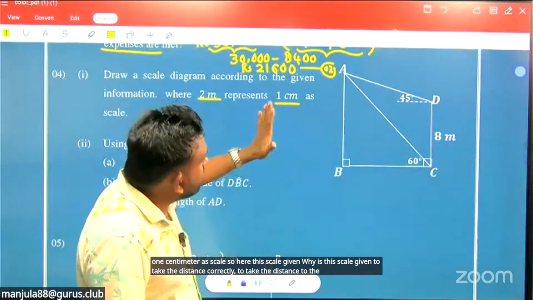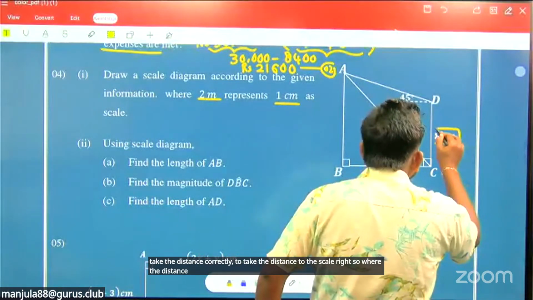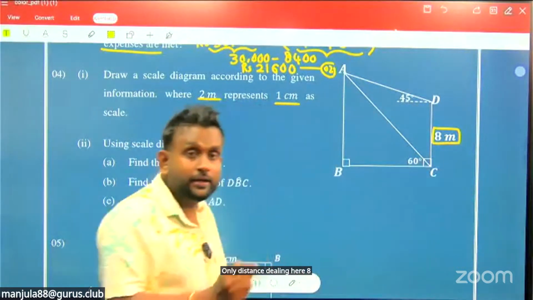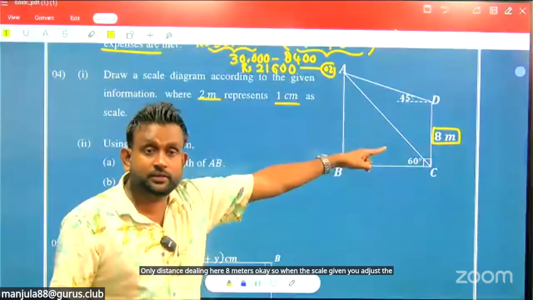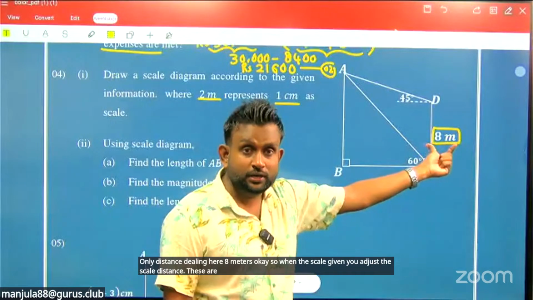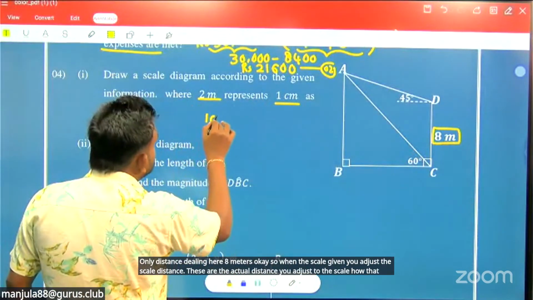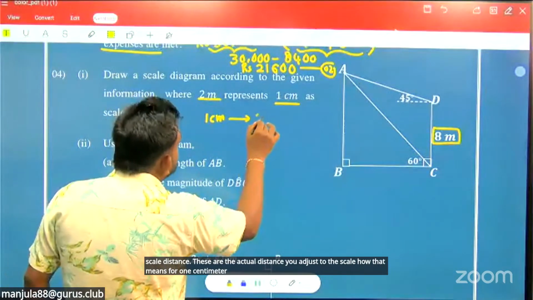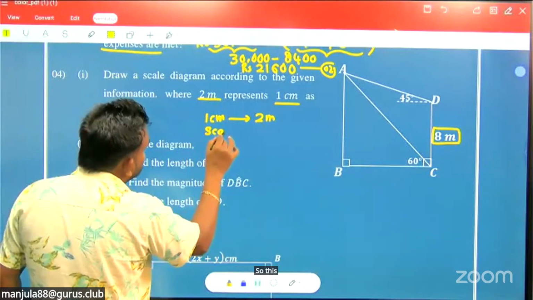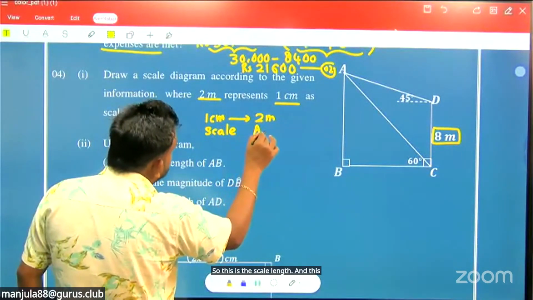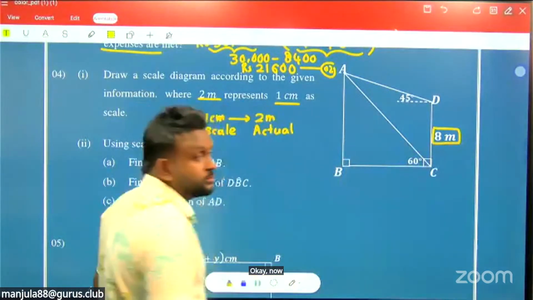Here only distances are dealt with, here 8 meters. So when the scale is given, you adjust the actual distances to the scale. How? 1 centimeter represents 2 meters in actual. So this is the scale length and this is the actual length. Now here we have actually 8 meters.